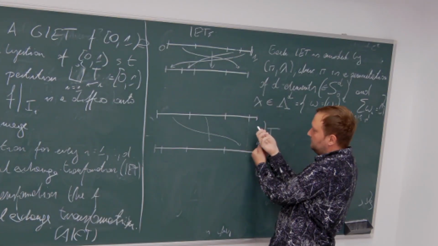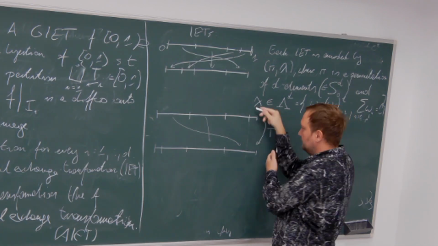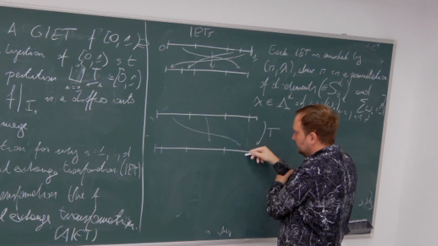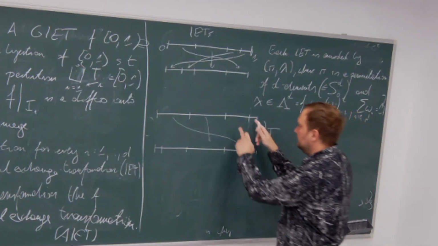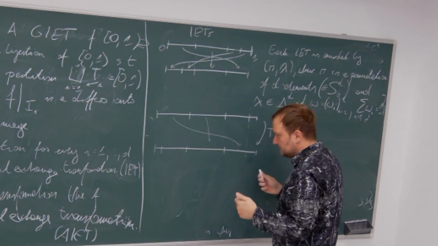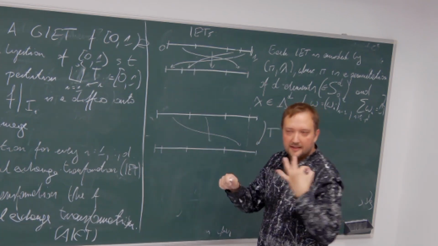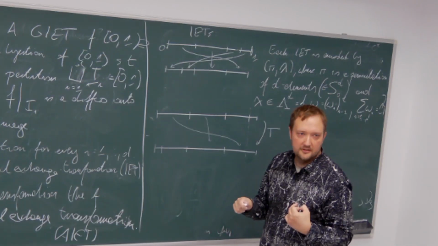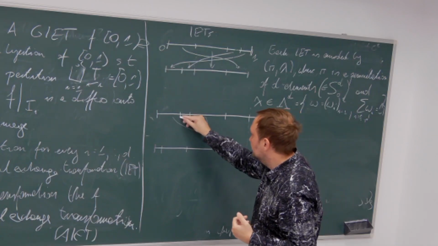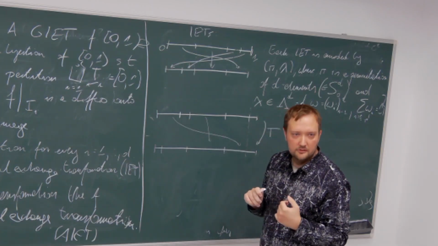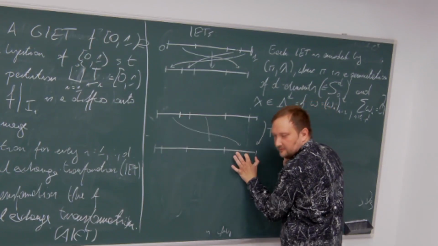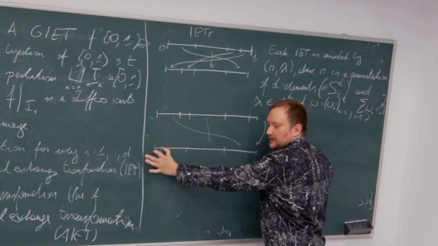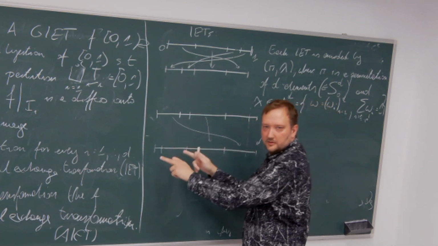In my picture it is the first one, so I'm cutting over here, and then I'm considering the first return map to this interval. This is an easy exercise: you will see that you get again an interval exchange transformation as your first return map, but this time there's a new discontinuity point over here, because it corresponds to an interval which went over here, and then goes back exactly where this interval was going.